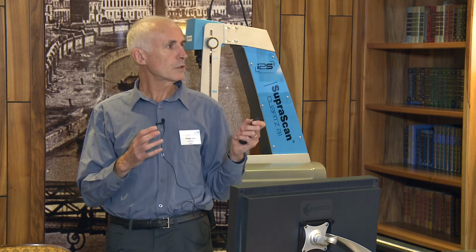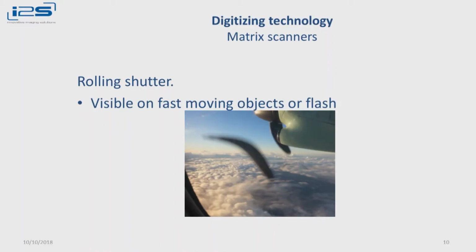To make the exposure, we need to have a shutter. That is something that will block the light. So the light will be taken from one time to the other time during a certain amount of time. Some cameras have a mechanical shutter. The mechanical shutter will have a limited lifetime. Some cameras will have a rolling shutter.